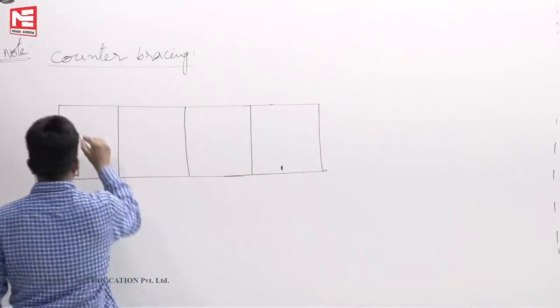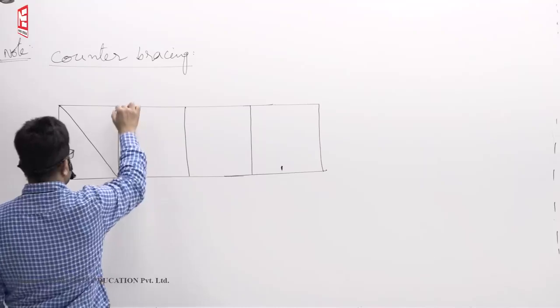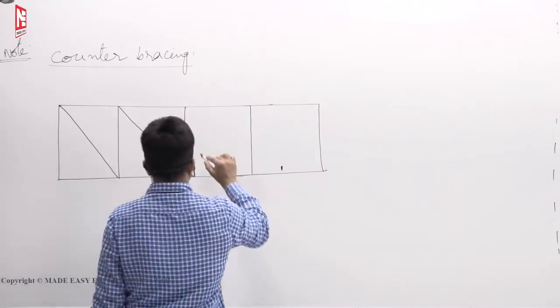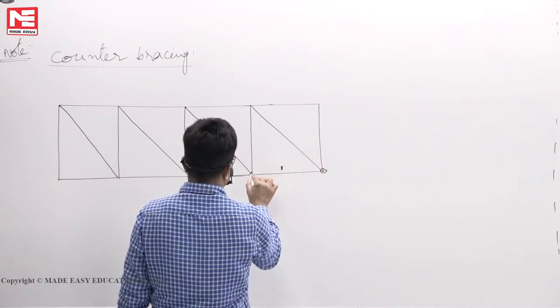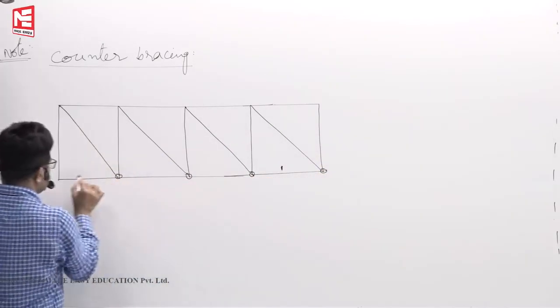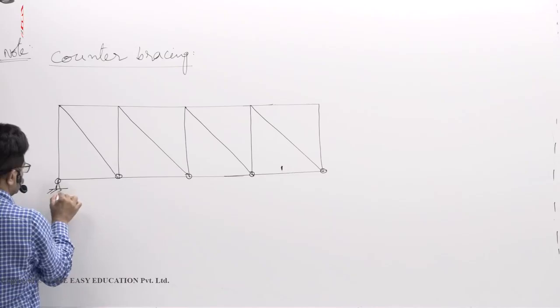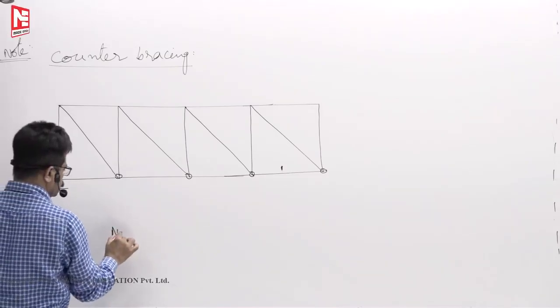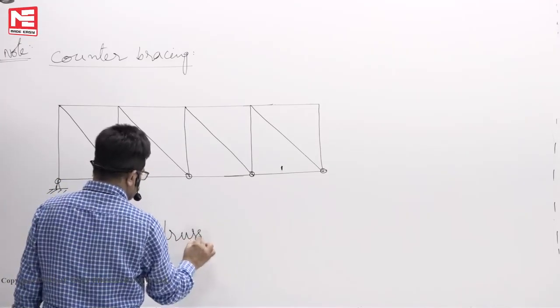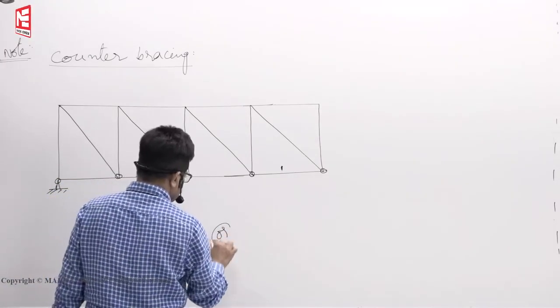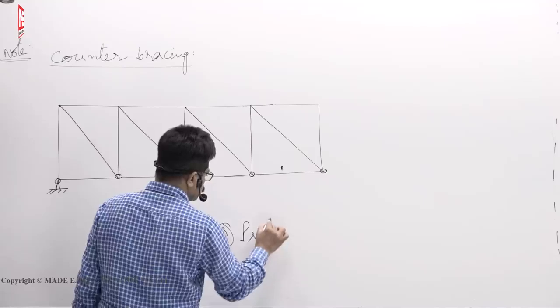This type of truss we call an N-type truss because it is in the shape of N. N-type truss or Pratt truss.